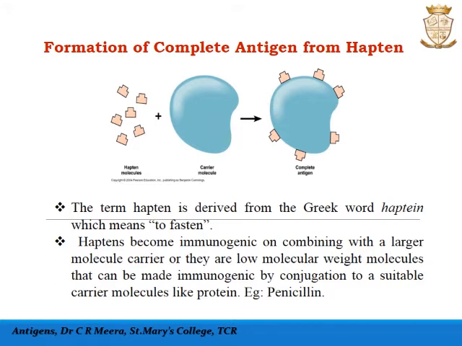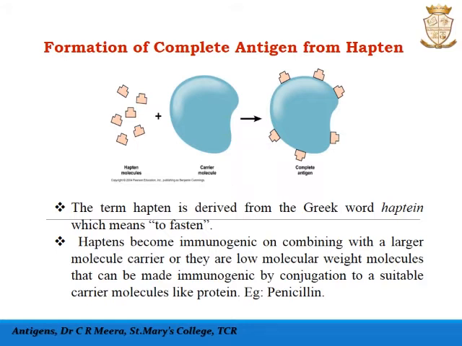The term hapten is derived from the Greek word haptein, which means to fasten. That means we can combine or attach haptens to suitable large molecular weight carriers, usually the protein carriers, and thus can make them immunogenic.